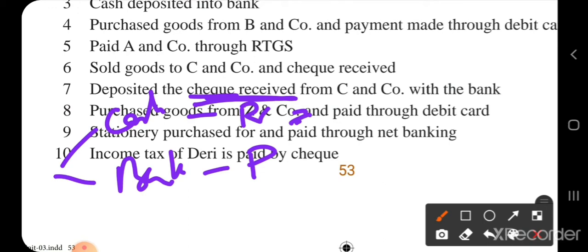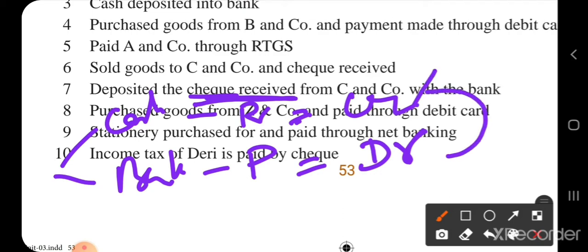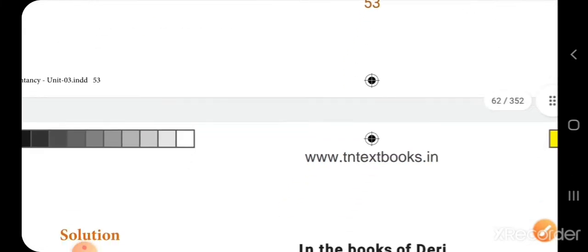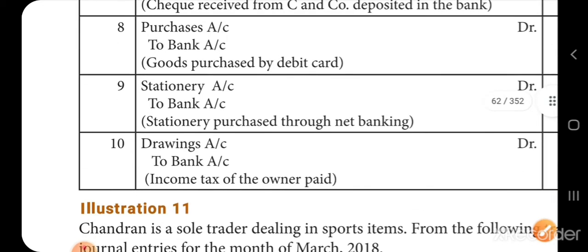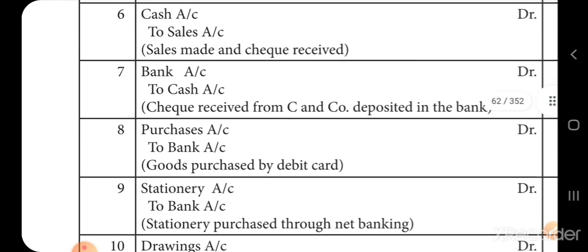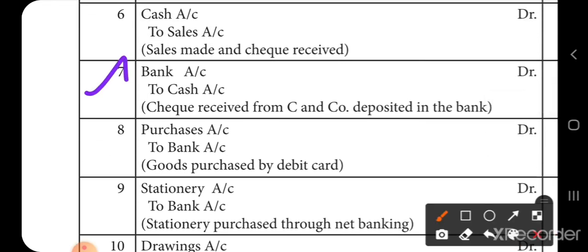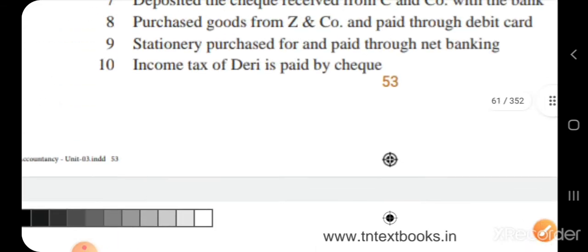Debit what comes in, credit what goes out. Here, cash is going out of the business, so you credit. Bank, personal account, what is the rule? Debit the receiver, credit the giver. So bank is receiving the money, so you debit. The entry will be bank account debtor to cash account. Bank to cash.